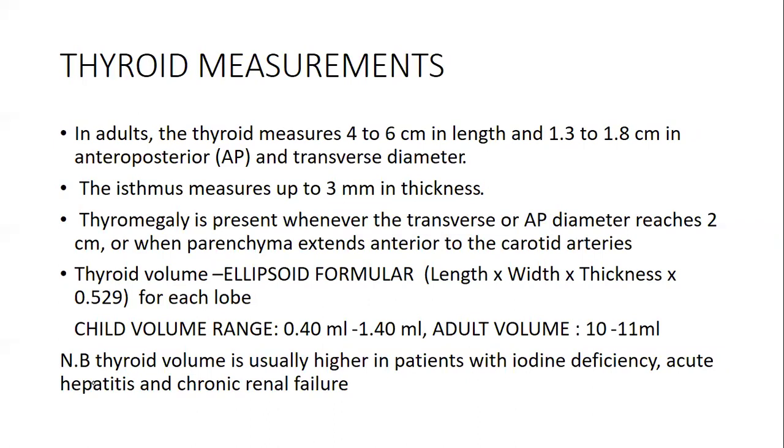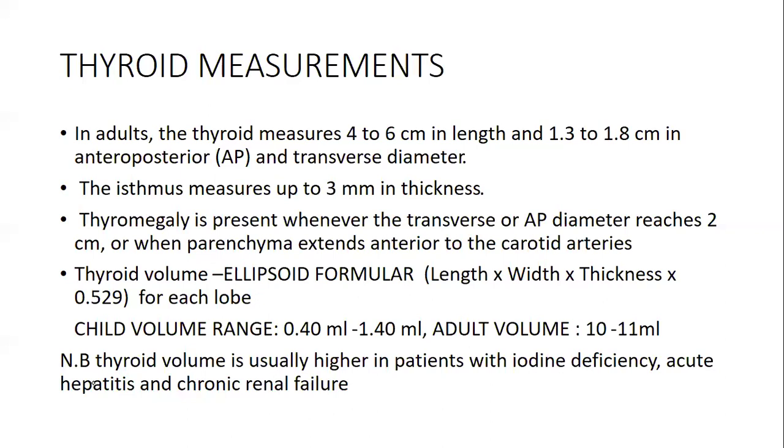So the thyroid measurements, I think this is very important. In adults, the thyroid measures about 4 to 6 centimeters in length and about 1.3 to 1.8 centimeters in anteroposterior and transverse diameters.